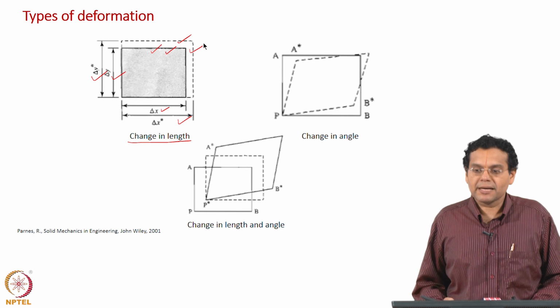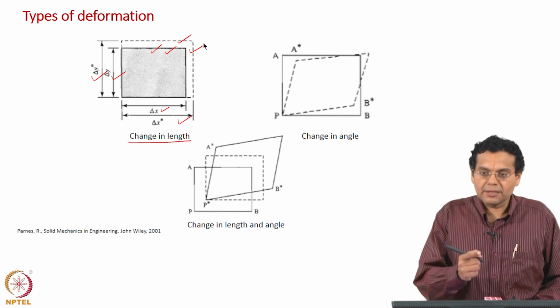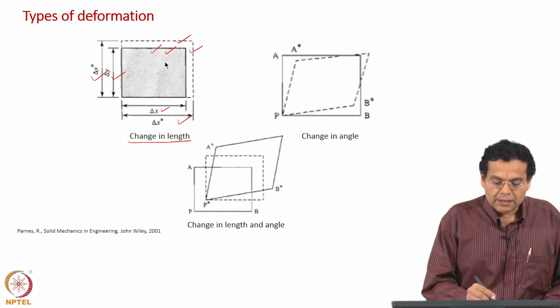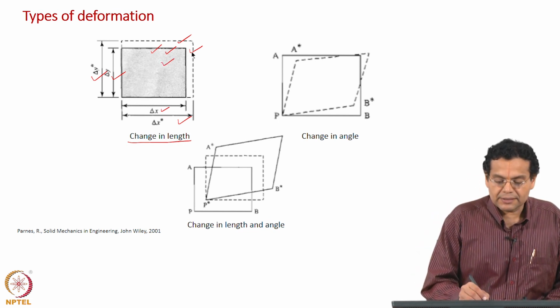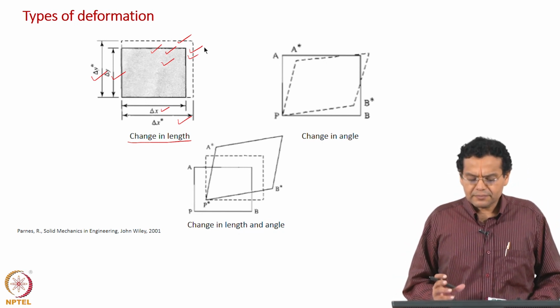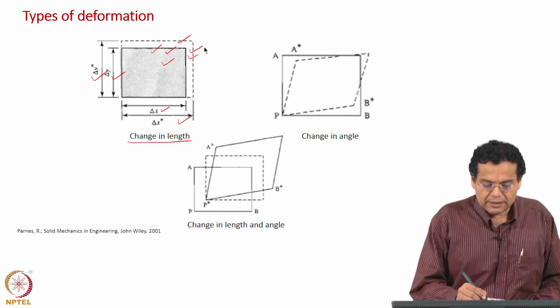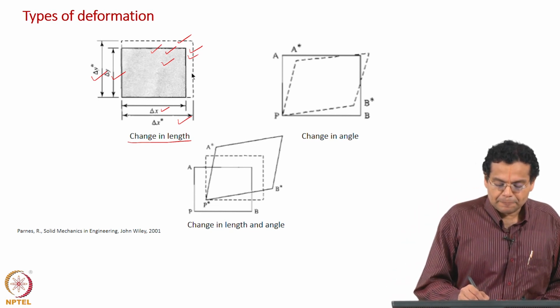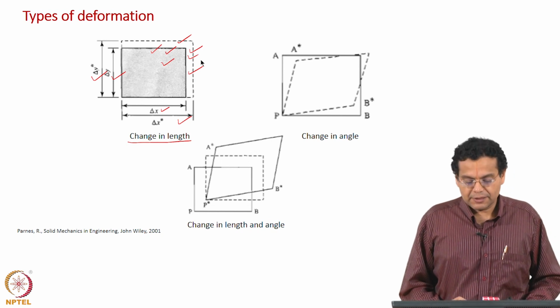Remember, for solid mechanics we said solids go from one equilibrium state to another. You continue to apply the force and it changes from this length to this length. In terms of area, of course, there is change as well. And this dotted line represents the deformed configuration.